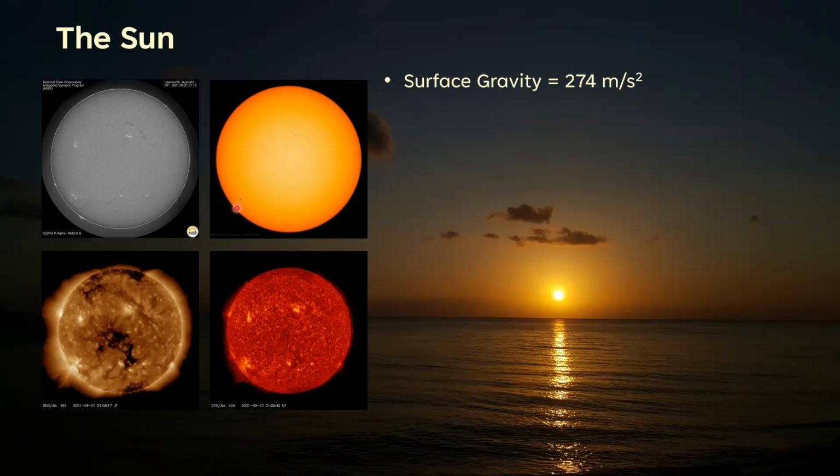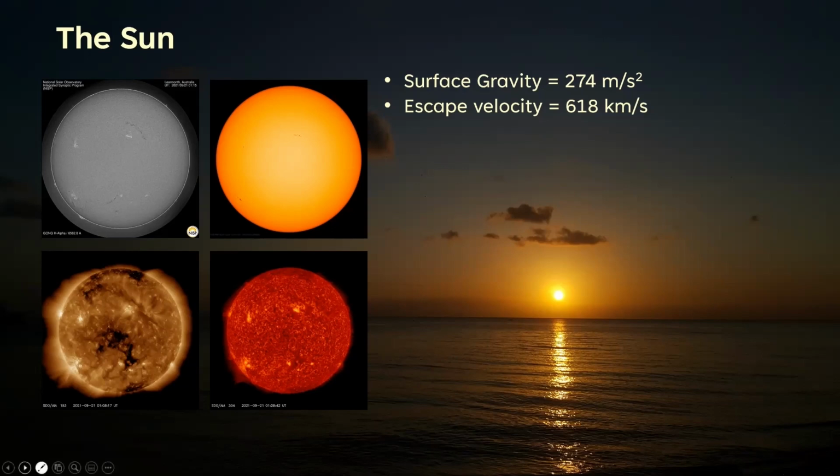So if you weigh X kilograms here, you will feel about 30 times heavier on the surface of the sun. So you will feel heavy there. That's why the escape velocity is much larger. The escape velocity at the surface of the sun is 618 kilometers per second.